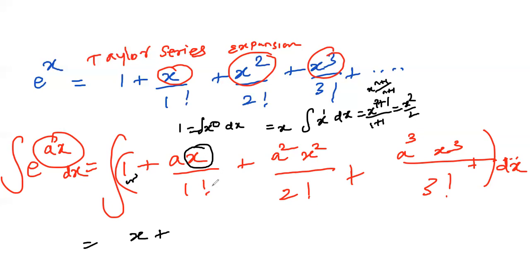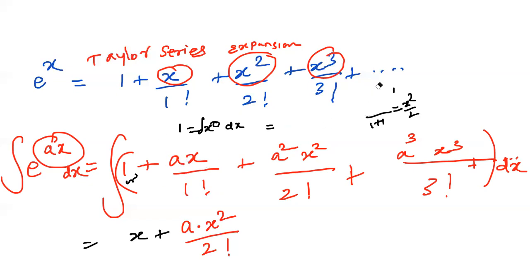Here you have 1 factorial, and 1 factorial into 2 is 2 factorial. So you will have a into x power 2 divided by 2 factorial. I have already told you, when you perform integration, if you have any constant in the form of multiplication or division, you just have to keep the constant as it is. Do not disturb the a. 1 factorial times 2 will give you 2 factorial. Clear?